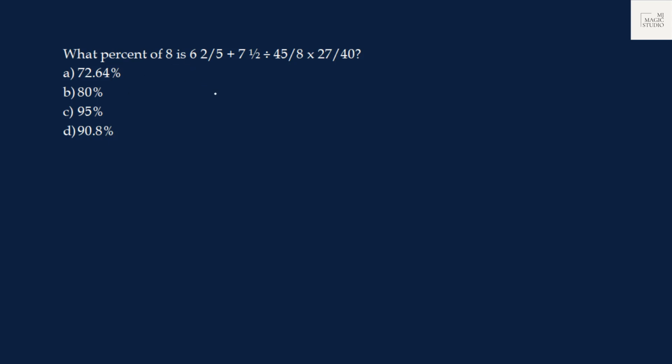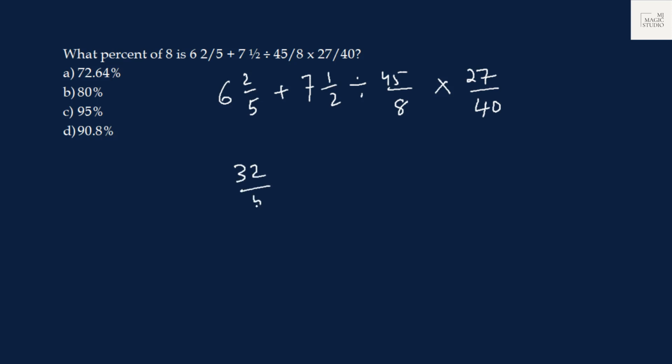What percentage of 8 is 6 2 by 5 plus 7.5 divided by 45 by 8 into 27 by 40. So this is 32 by 5 plus 15 by 2.